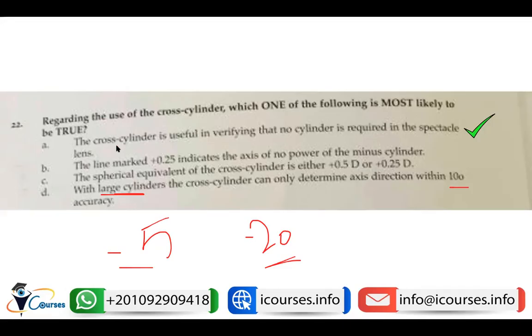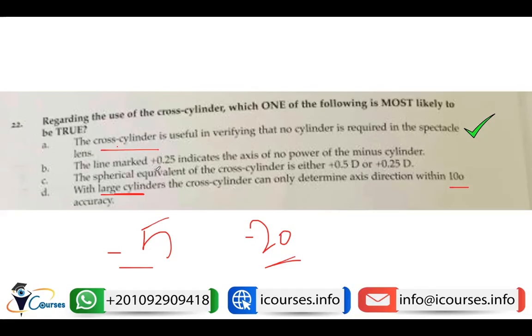And this can be done by the cross cylinder, as I will tell you now. But when I made the basic optics course, I thought this slide would not be important because it is not a clinical test. But it turned out that they are asking about some clinical, practical information. So I put the slide here in this presentation again, and I will tell you how to discover if the patient has a cylinder or not using the cross cylinder. So anyway, this is the true answer.